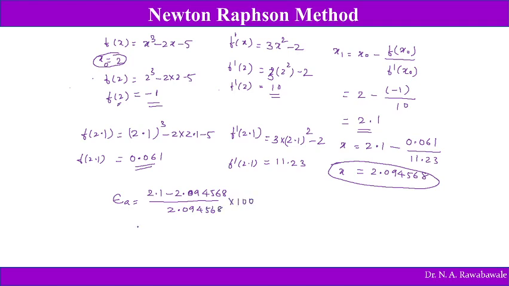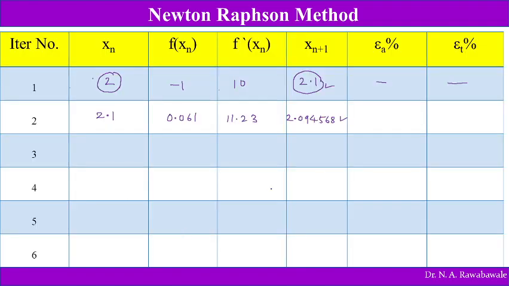So if we find this, it is nothing but equal to 0.25%. So 0.25% is the approximate error. But we can't find out true error because we don't know the true value of the root of this function. If we know the true root, then we can find out true error, otherwise true error cannot be obtained.